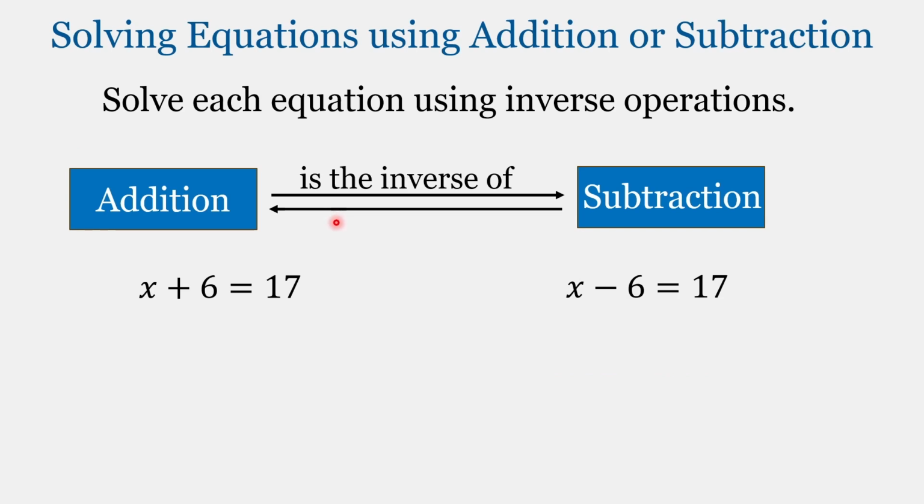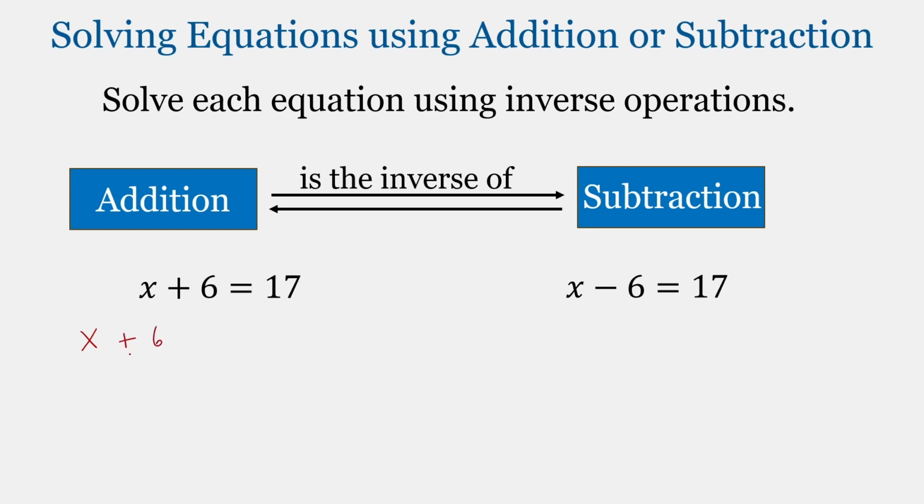Now we can also use inverse operations to solve equations. So addition is the inverse of subtraction, and subtraction is the inverse of addition. So to solve these using inverse operations, we're going to start with x, and we've added 6 to it.